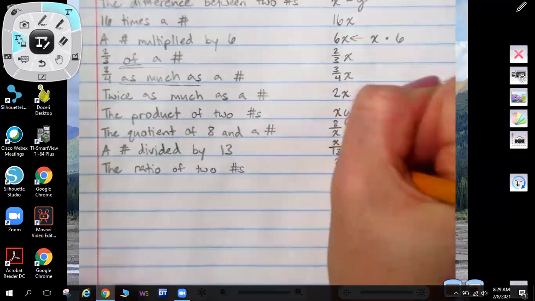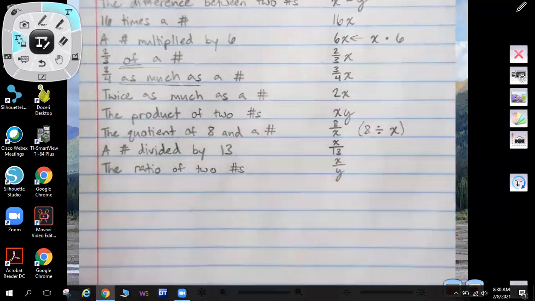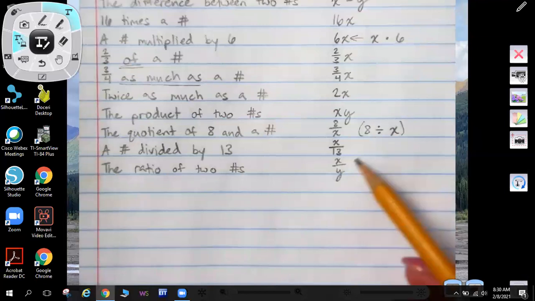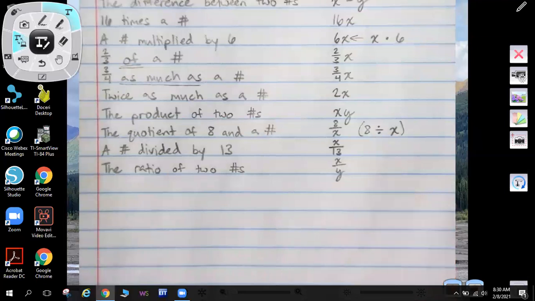So we'll write it x over y. So this ratio would be the ratio of x and y. If it asks you to write the ratio of y and x, then the y would be in the numerator. Whatever number comes first is going to be in the numerator.